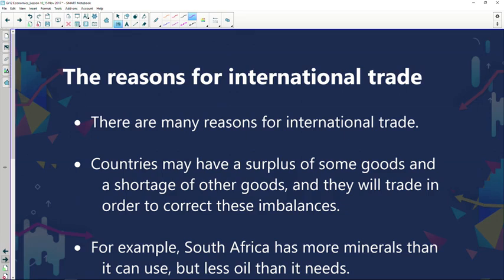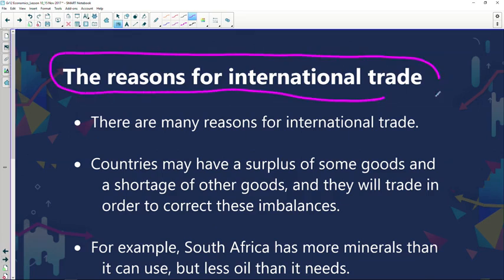Okay, so now moving on, what are the reasons for international trade? Is it a good idea just for us to be self-sufficient and not depend on other countries? So there are many reasons for international trade. Countries may have a surplus of some goods and a shortage of other goods, and they will trade in order to correct these imbalances.